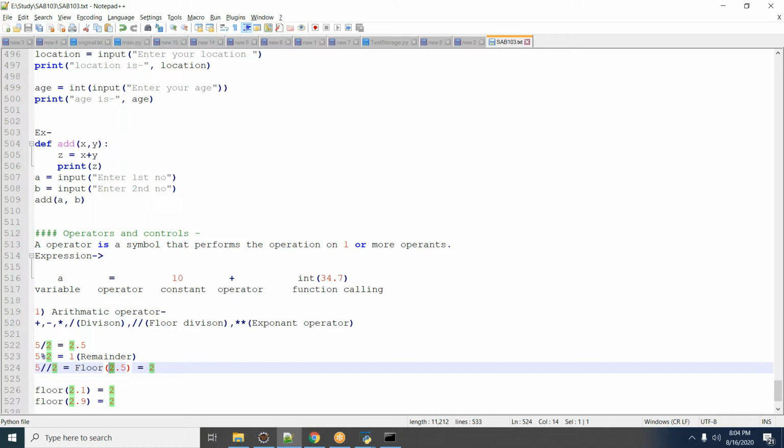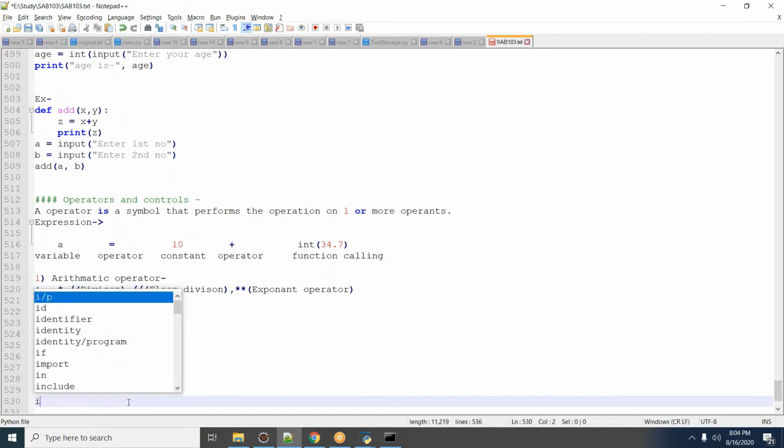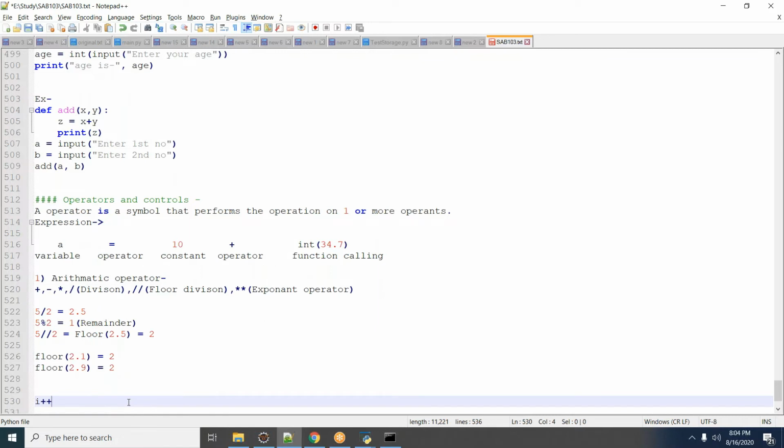Rohit asks, don't we have plus plus increment and decrement operators here like other programming languages? No, we don't have them. If we wrote i plus plus plus plus, it would be very difficult to understand how many plus it will do.